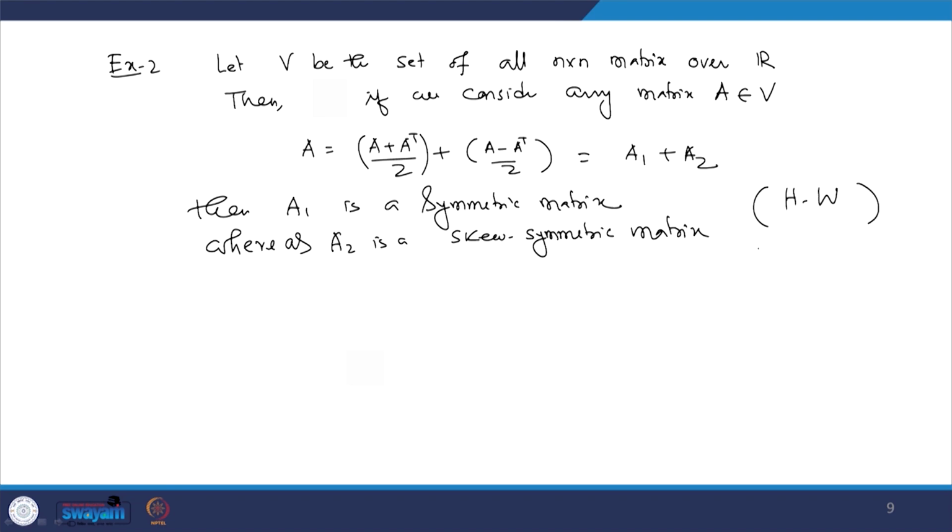See this one as homework, so that any matrix A can be written as the sum of a symmetric and a skew symmetric matrix.